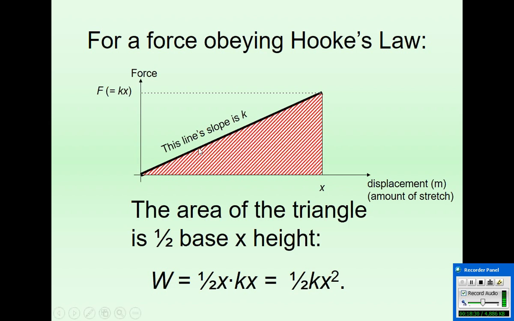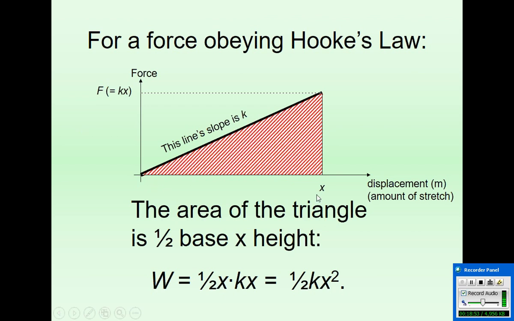It's like saying that the slope of this line is the spring constant k. This is a plot of force versus displacement when Hooke's law applies. It's a triangle. We know how to find the area underneath a triangle. The area underneath the triangle is 1/2 the base times the height.